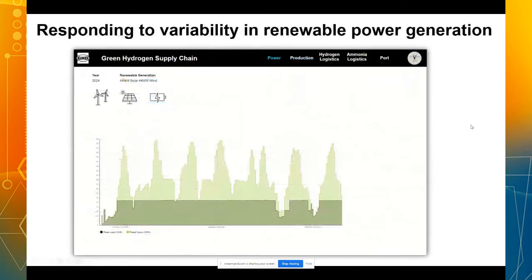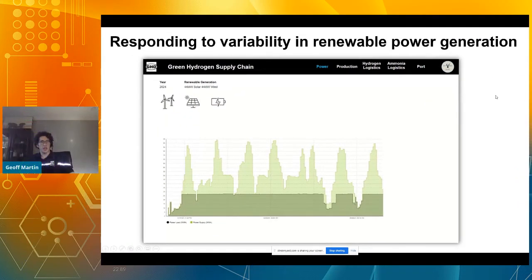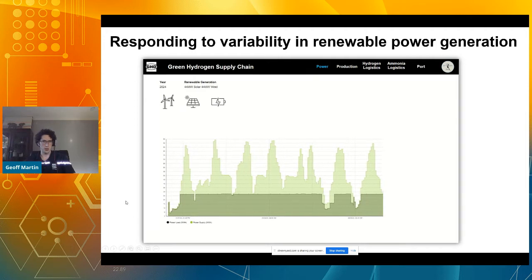All right. And one of the other key inputs, so the biggest OPEX cost to generating green hydrogen is power. It requires a gigantic amount of power. And if you want to make it green, it's got to be from renewable sources. So basically, they're variable.